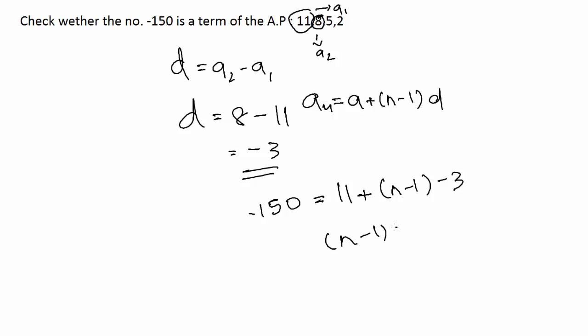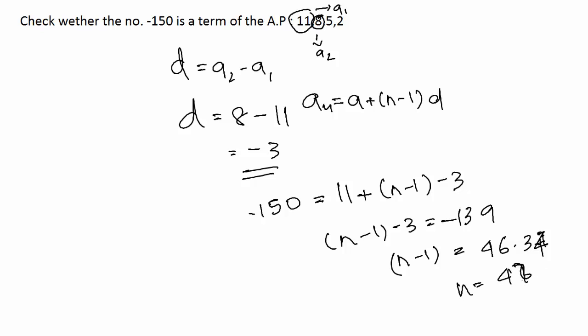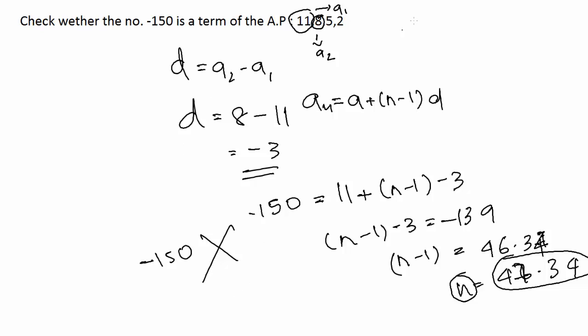N minus 1 into minus 3 is equal to minus 161. Now n minus 1 is equal to 46.34. So n will be equal to 47.34. Now n's value cannot take this form. N can only be a natural number. And now this has decimal values, hence it's not a natural number. So we can say minus 150 is not a term of this AP.